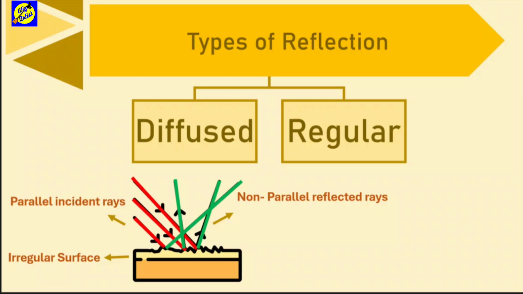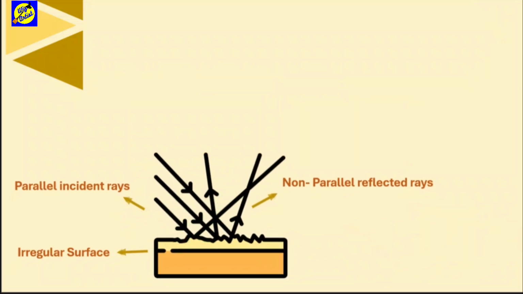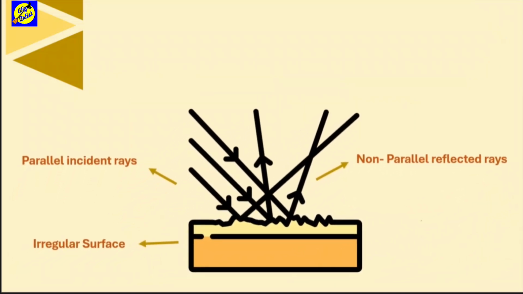Does this mean that they do not follow the laws of reflection, especially the first one? Well, that is not true. Even if it's apparent that the lines do not follow the laws of reflection, if you observe closely each pair of incident and reflected ray, it does follow the first law of reflection. Let's understand that better.